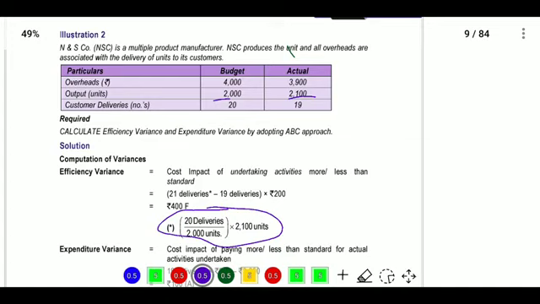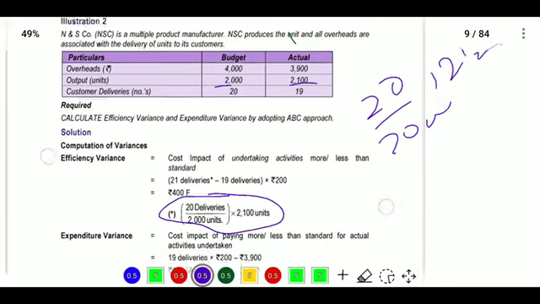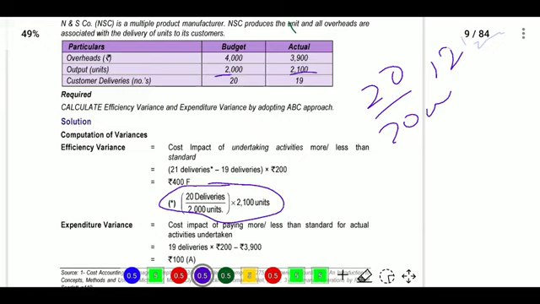We calculate 20 deliveries divided by 2000 units into 2100, which is 21, minus 20 deliveries, into 200 is equal to 200, that is favorable.